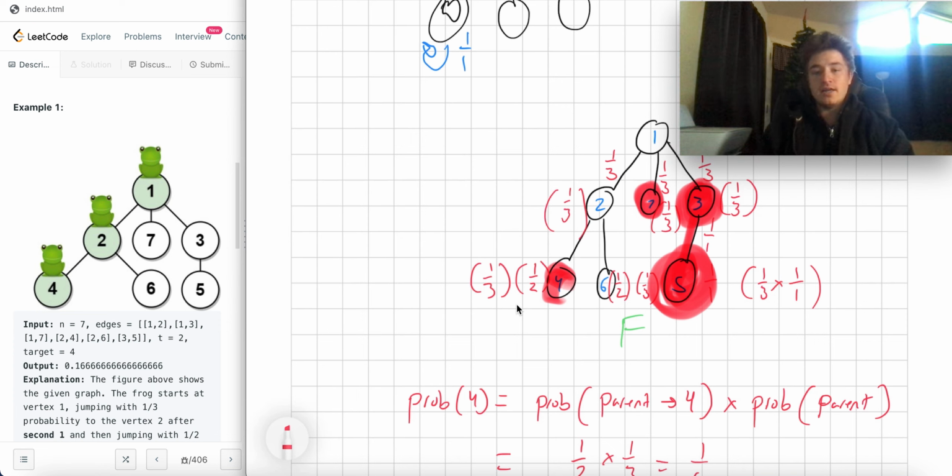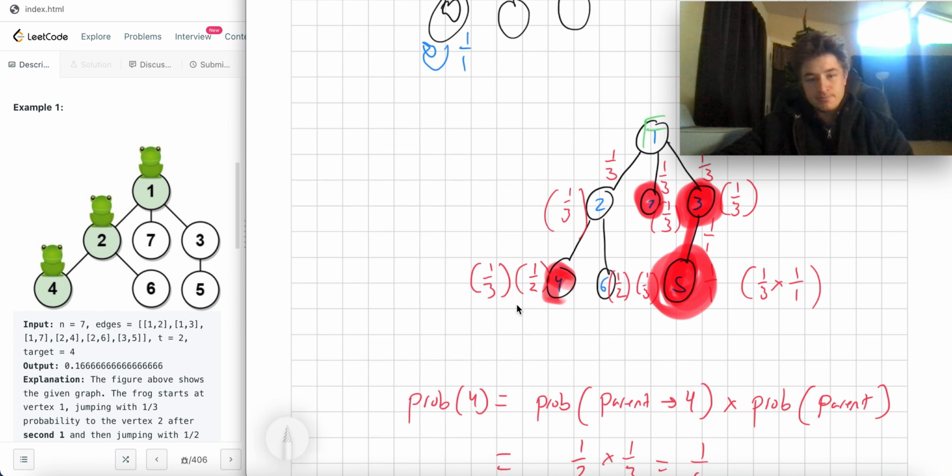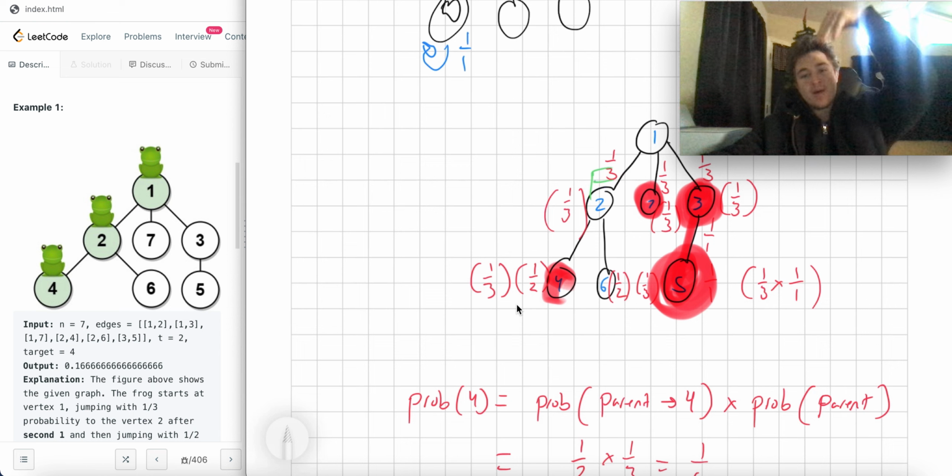Now, we don't want a situation where this green frog starts here and goes here and goes here and then goes back up and goes down and goes back up, because you can't traverse the same state twice. Since this is a tree, there's no cycles, so I only need to keep account of where I came from, who my parent is, and not traverse my parent.